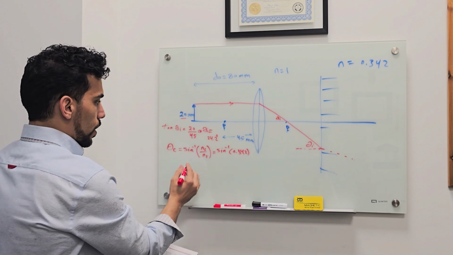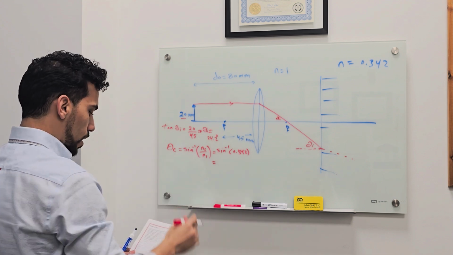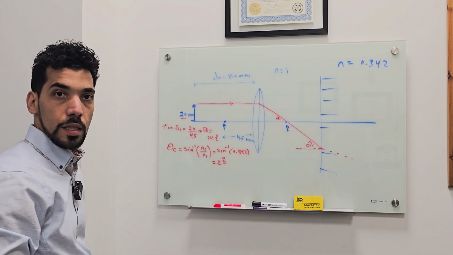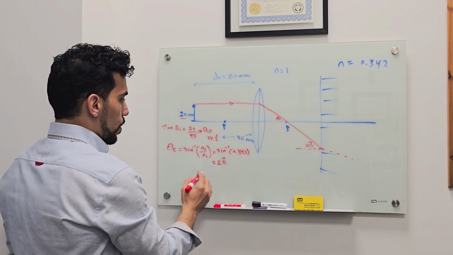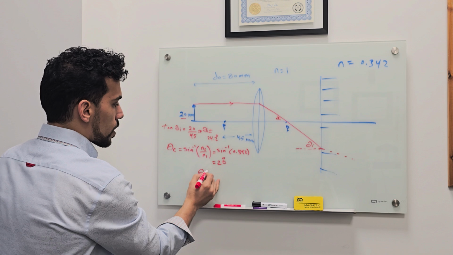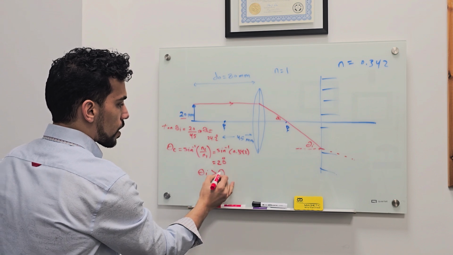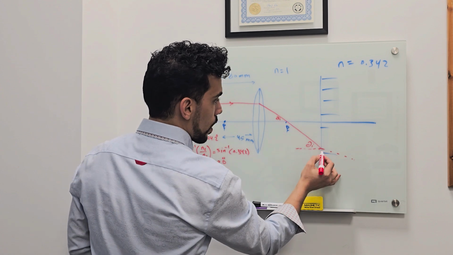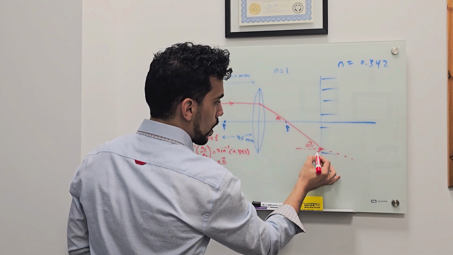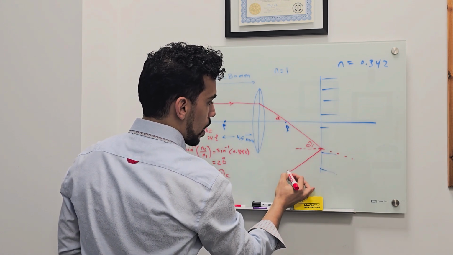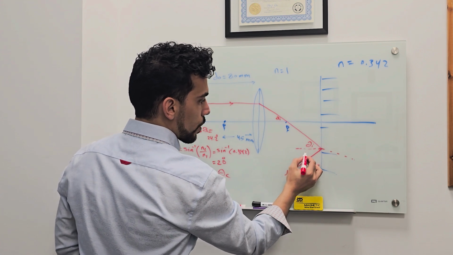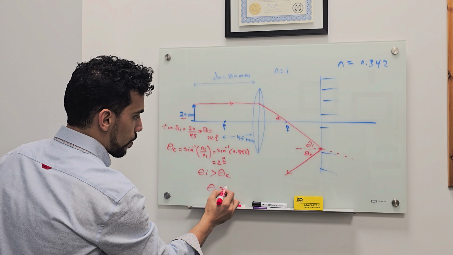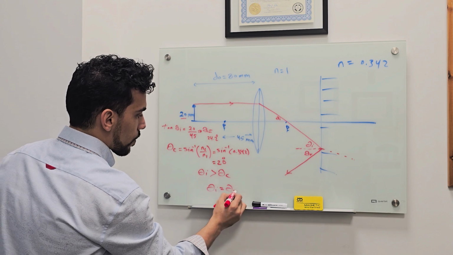From this, we know that theta critical is equal to 20 degrees. Okay? So that means that theta incident is bigger than theta critical, and that means we have a total internal reflection. So the ray here is going to go like this, and theta incident is equal to theta reflected.